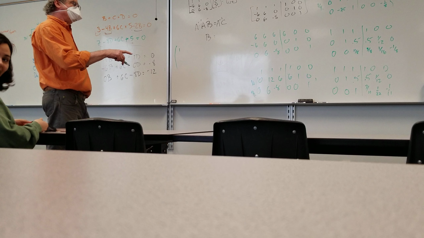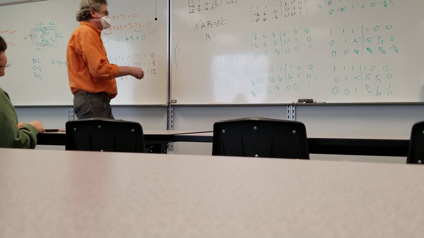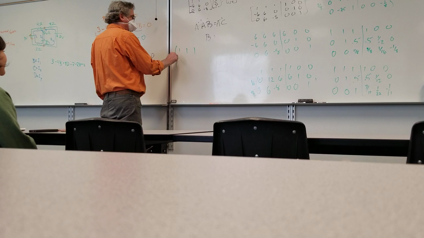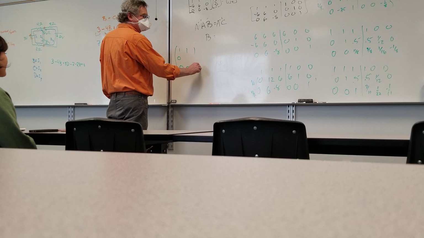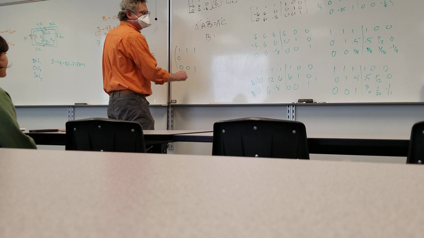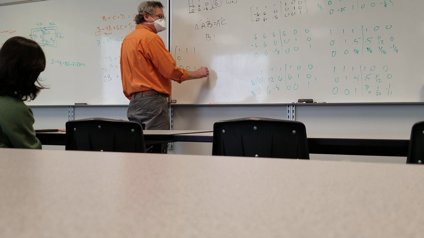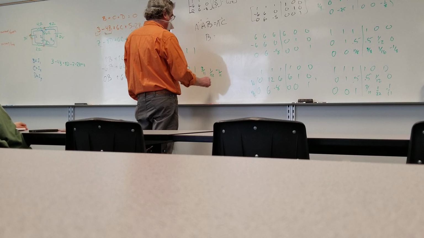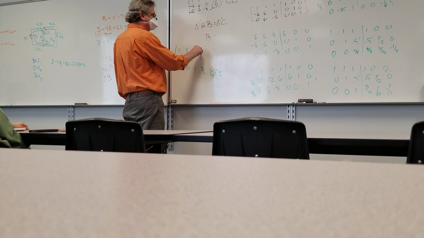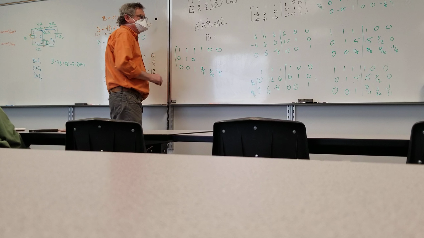So if I multiply the bottom one by negative 0.5 and add, and restore the one, the bottom doesn't change. So 0, 0, 1, 3/11, 1/22, and negative 1/11. Top is still going to be 1, 0, 0 for now. And this will be 1, 0, 1, 0.